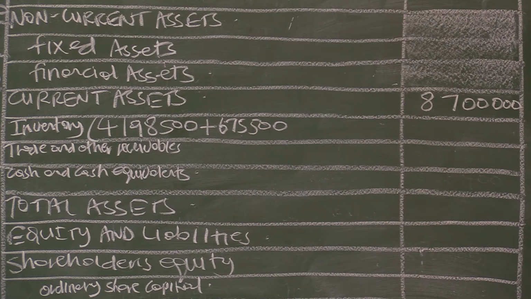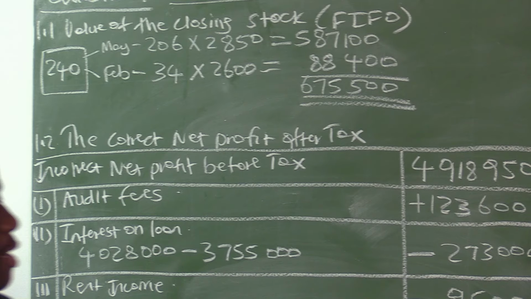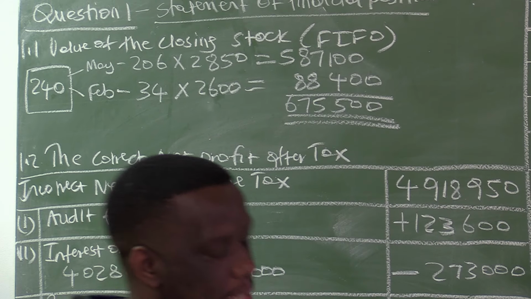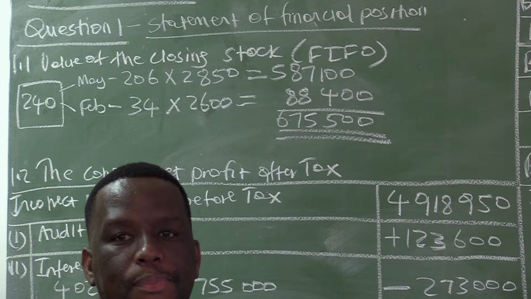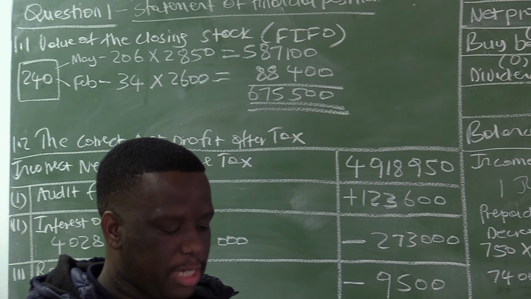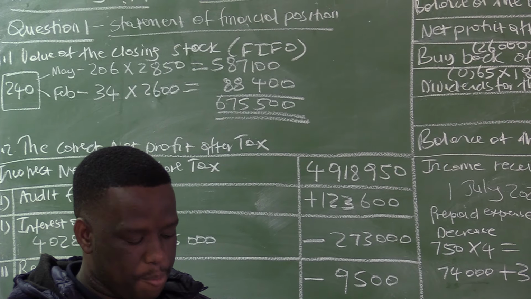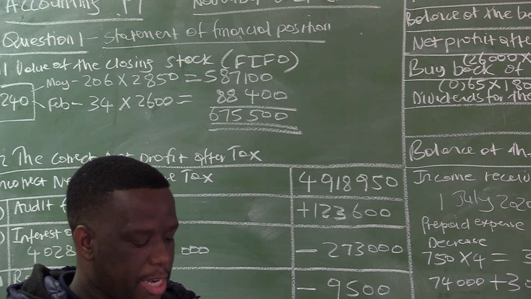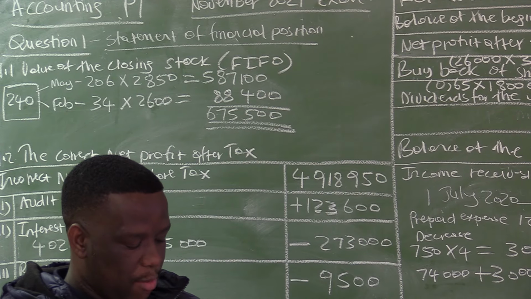That is transaction B. The accountant omitted the closing stock figure of formal suit in the trading stock balance provided in information A. So that is why we are now adding that 675,500. And if you go to page 5 of your question paper, you will also notice another transaction there, which is transaction number F, which does affect our trading stock.